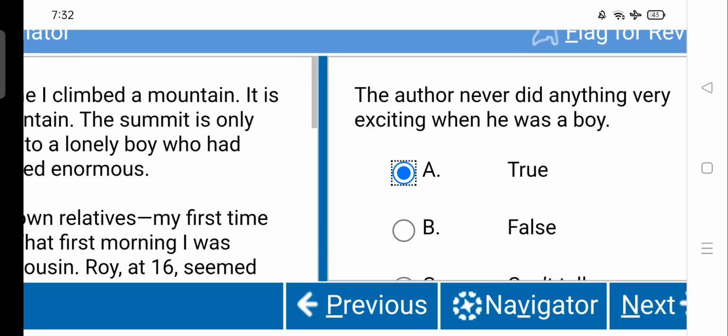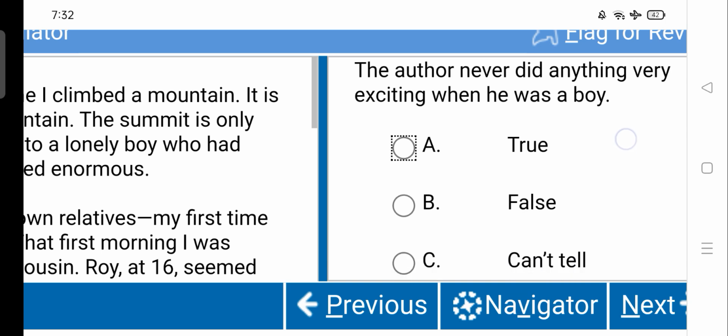The author never did anything very exciting when he was a boy. Option A, true. Option B, false.